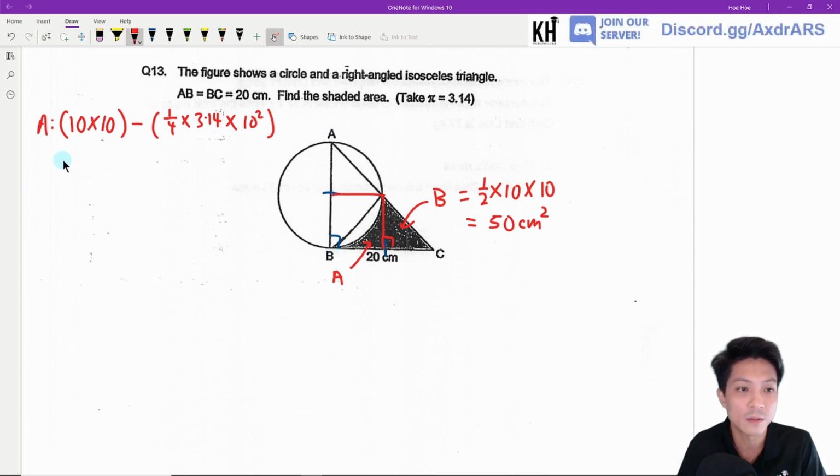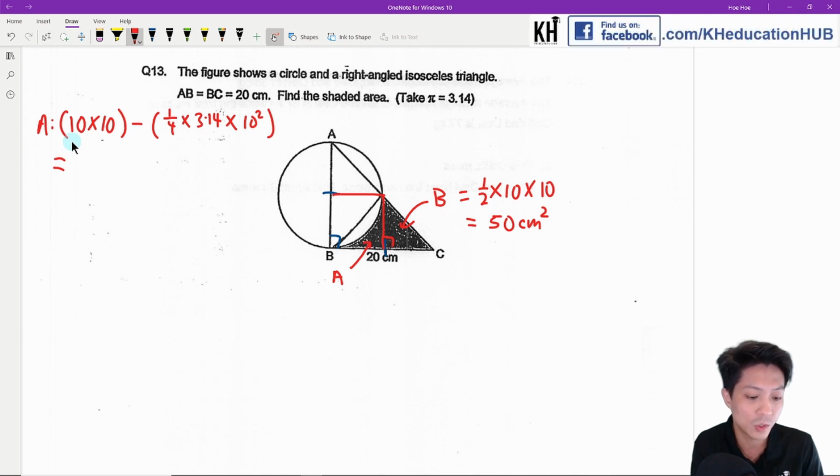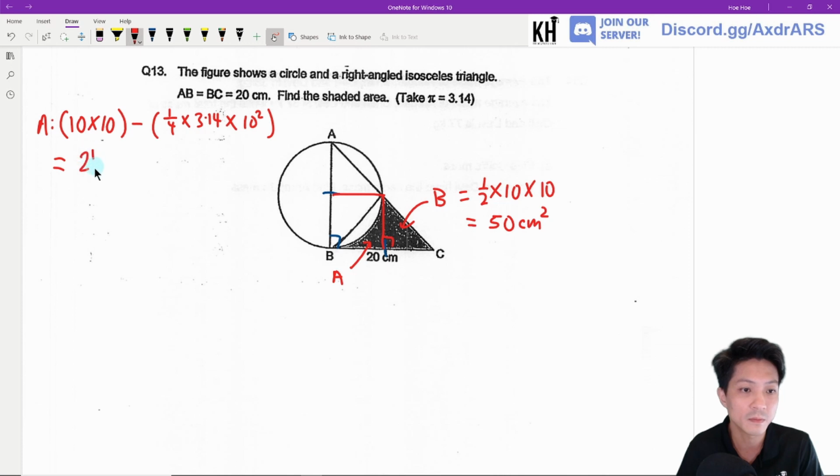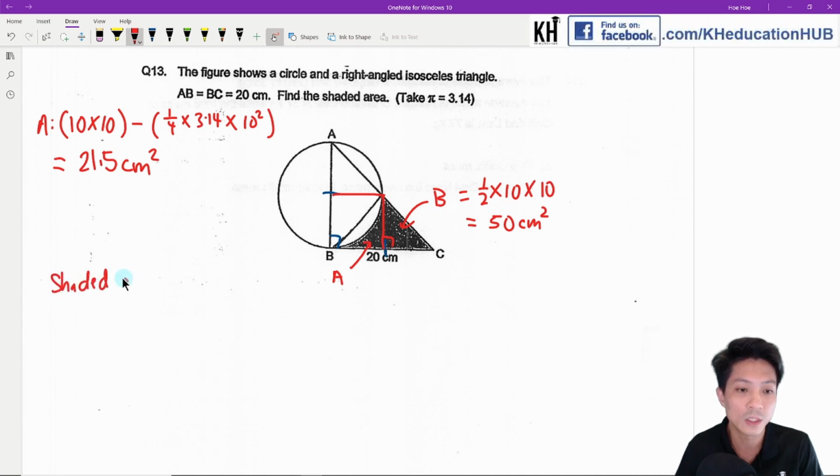And this is 10, right? So this will give me 3.14 times 10 squared divided by 4. And 100 minus that will give me 21.5. So to find the shaded area, I just need to add them together.